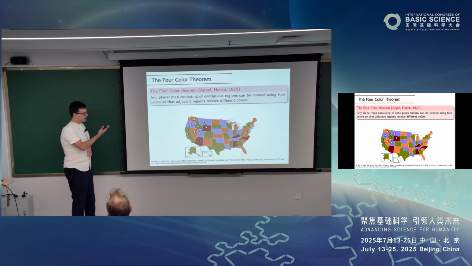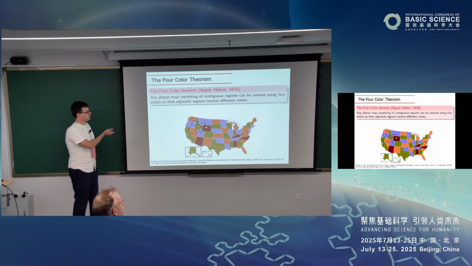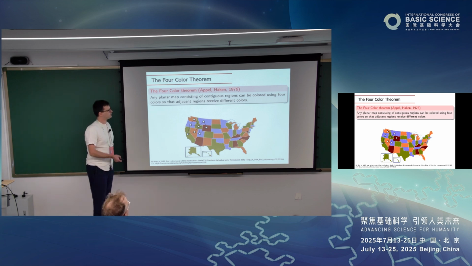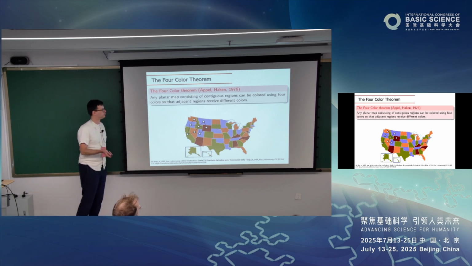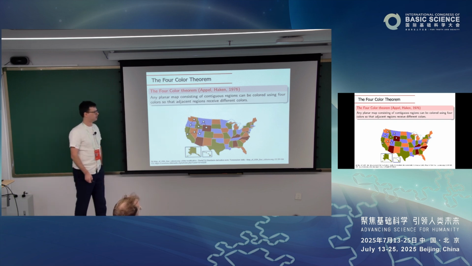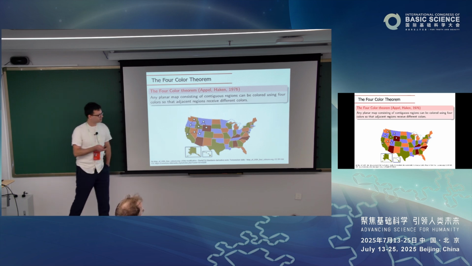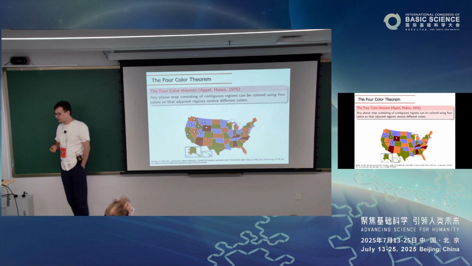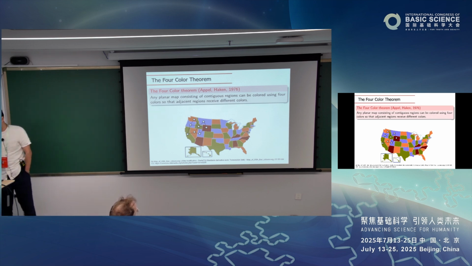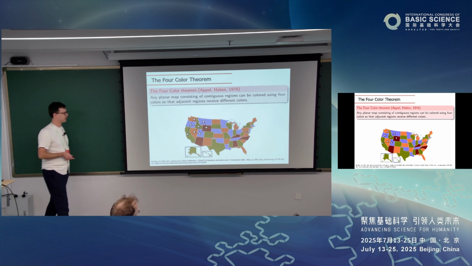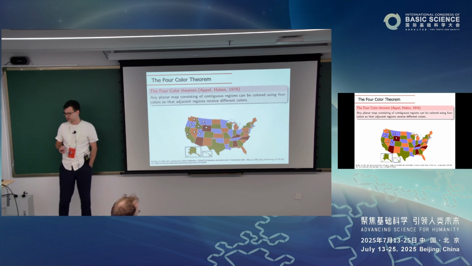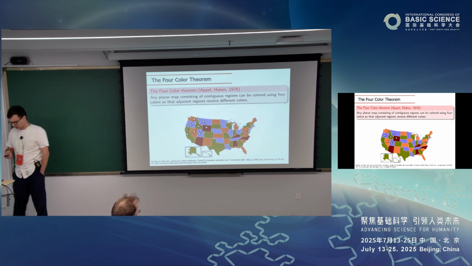But as graph theorists, I mean, we prefer to work on graphs, so let me start by restating this problem, not as a problem of coloring regions, but as a problem of graph coloring. So we replace every region by a vertex of a graph, and we draw an edge of a graph between 2 regions that share a border.